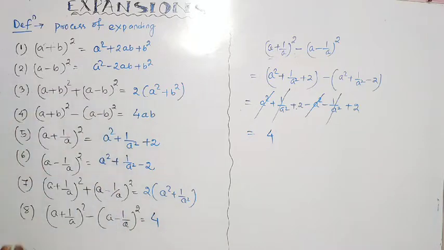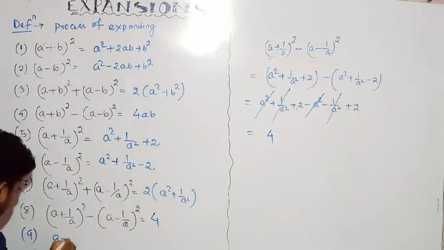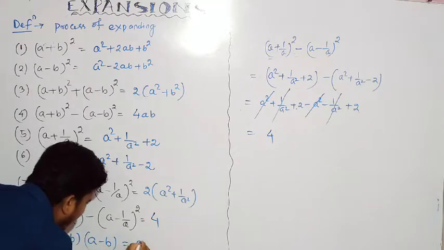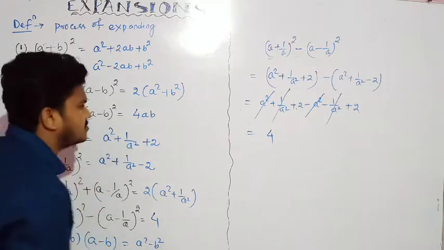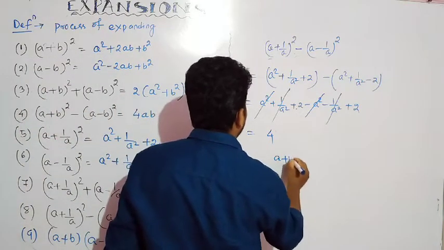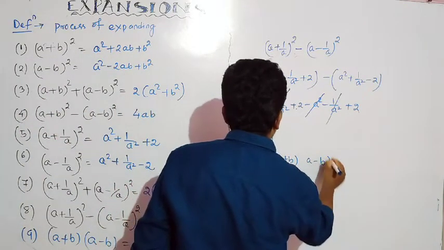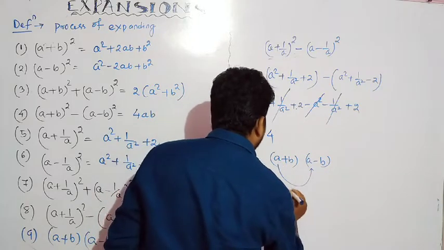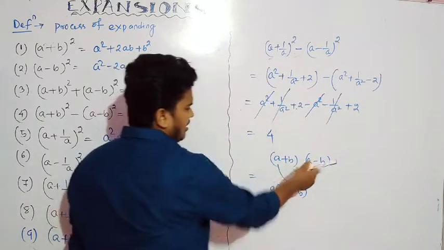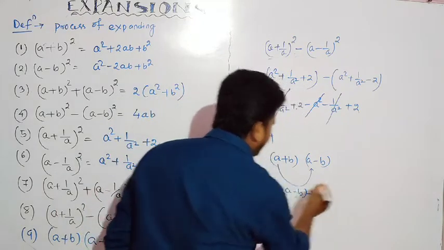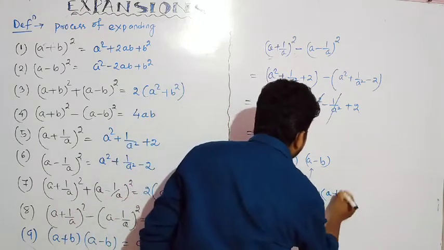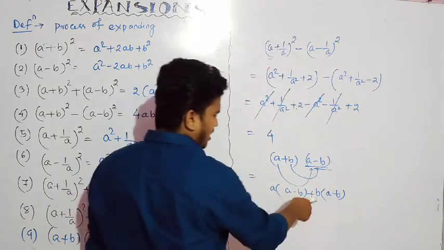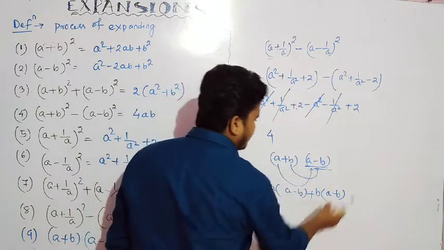And the last one, another one you have to remember: (a + b)(a − b) equal to what? a² − b². How do you see it? Here (a + b)(a − b). If you take a into (a − b) plus b into (a − b), first term into (a − b), plus b into (a − b).